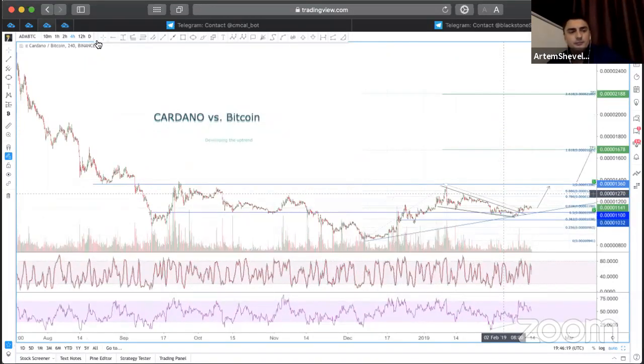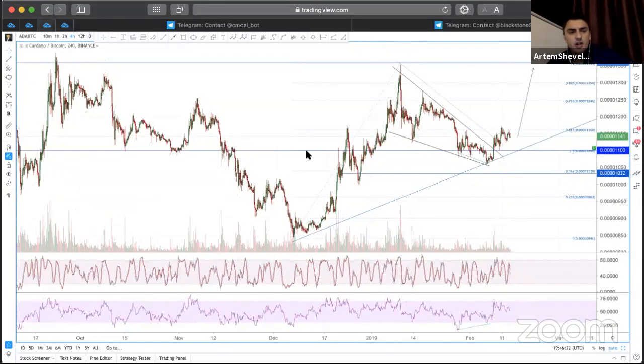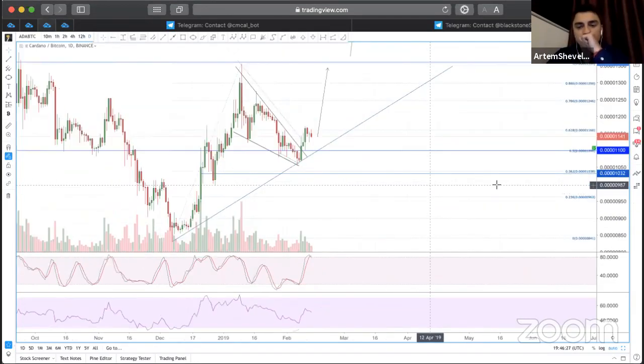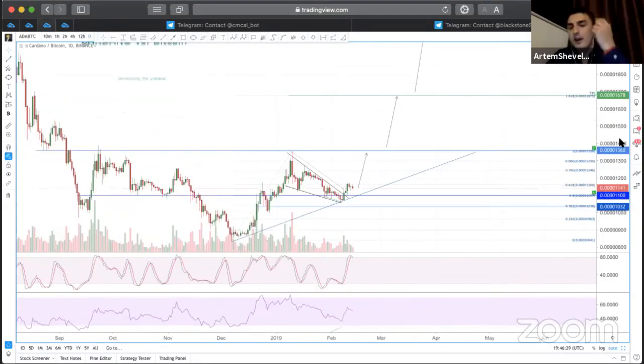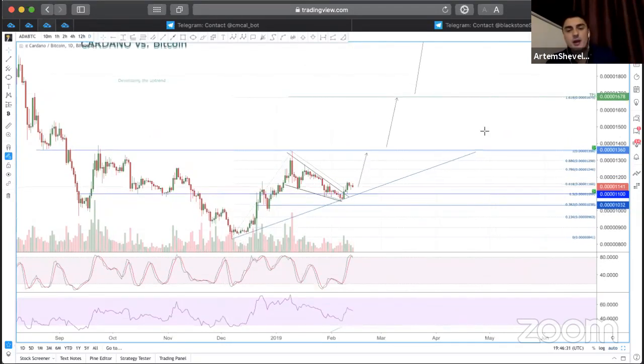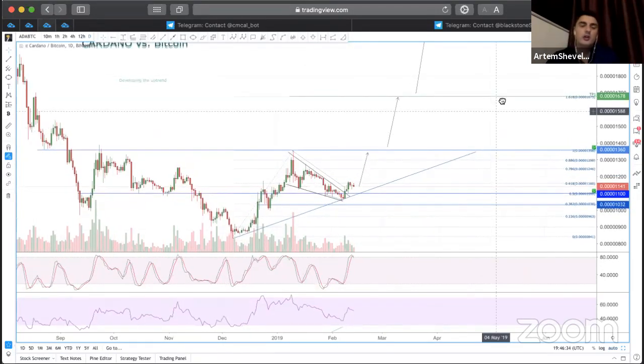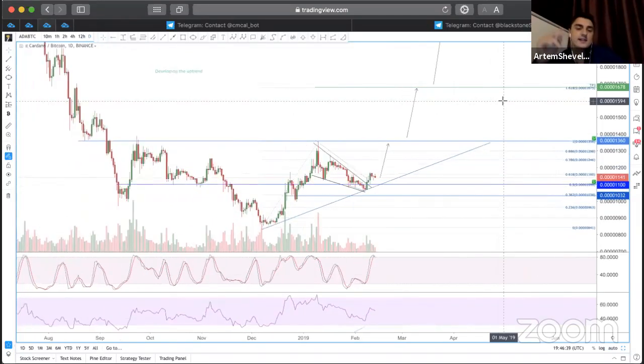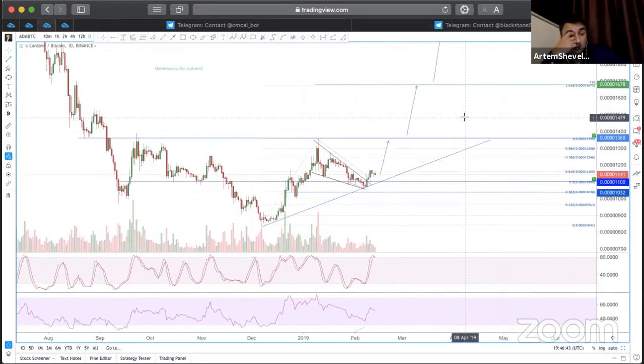And if we zoom out to the daily chart, I think everybody remembers how Tron went sideways between 300 and 400, and then you just went up to 800, right? So Cardano is in pretty much the same conditions right now. It's going below 1,300 down to 850.